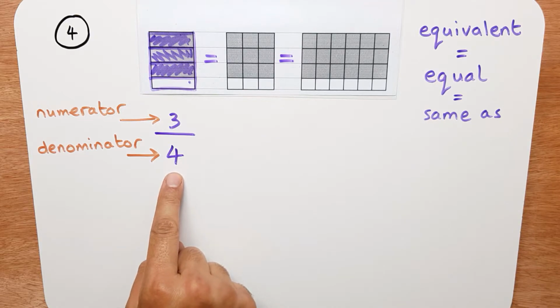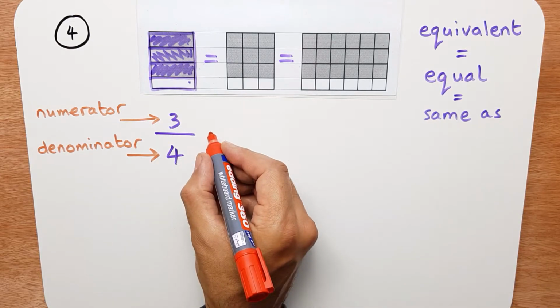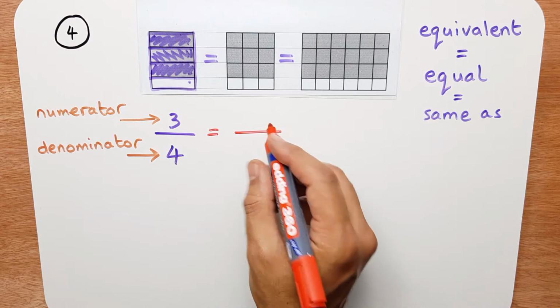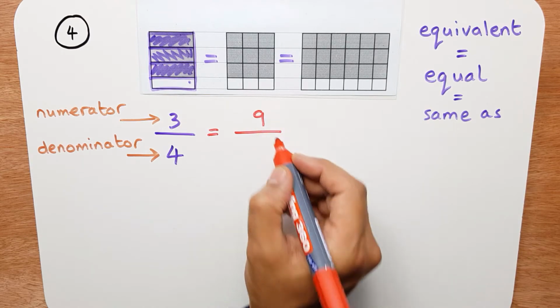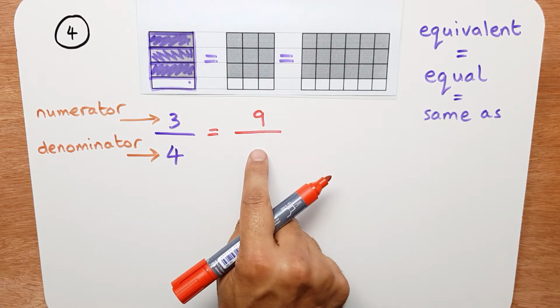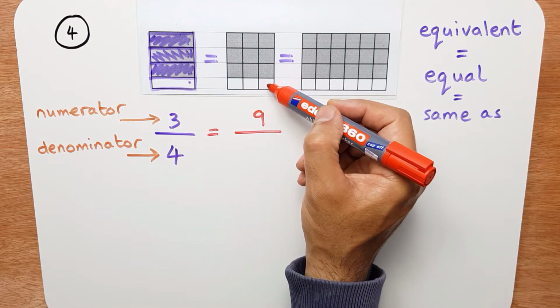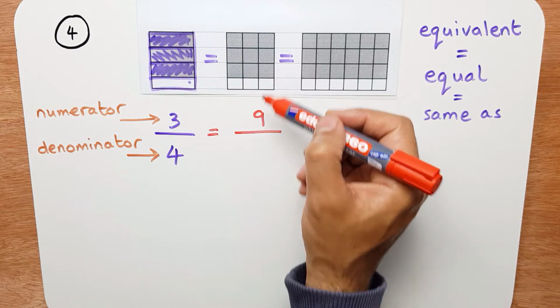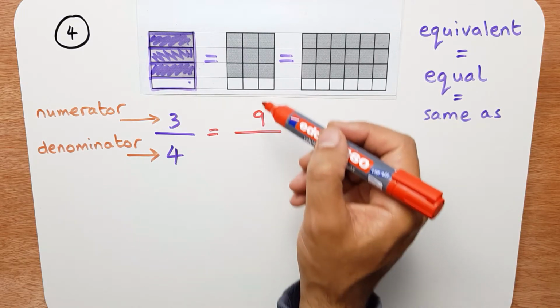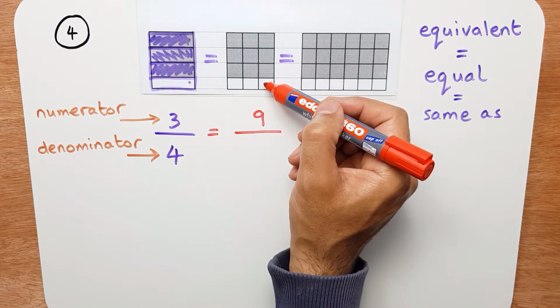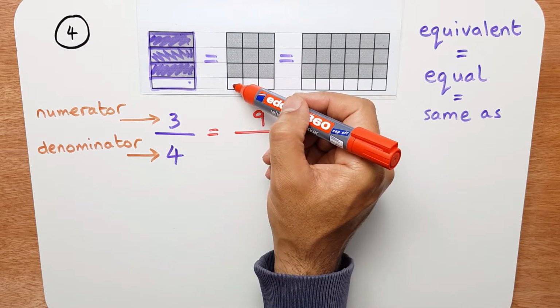Now, they've given us the first fraction. They've given us the numerator for the second fraction, and we have to work out the denominator. Now, using this diagram, it's easy because to work out the bottom number, we just simply count the number of equal squares. 1, 2, 3.